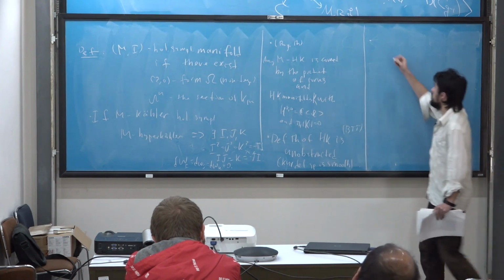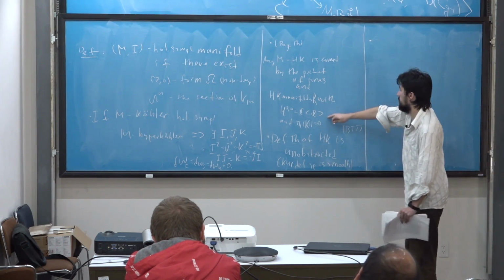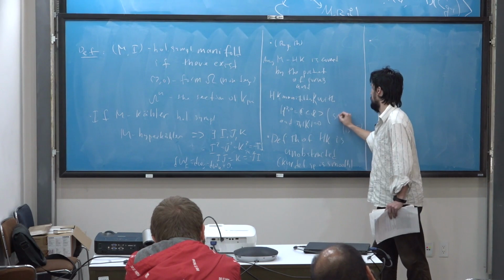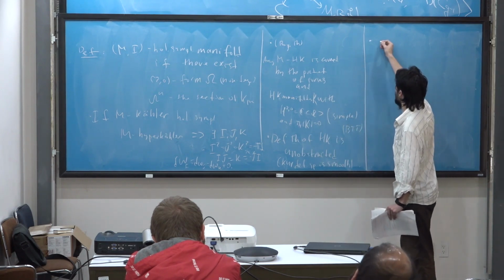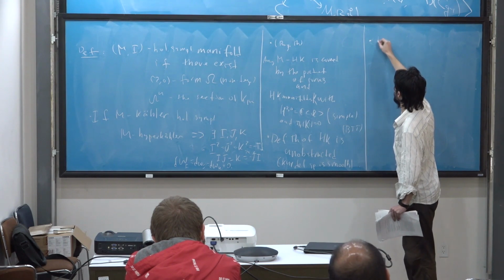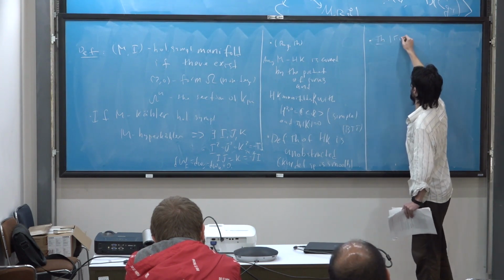And the second, if we have such a manifold, a building block, which is called simple hyperkähler, then we have the theorem of Fujiki.